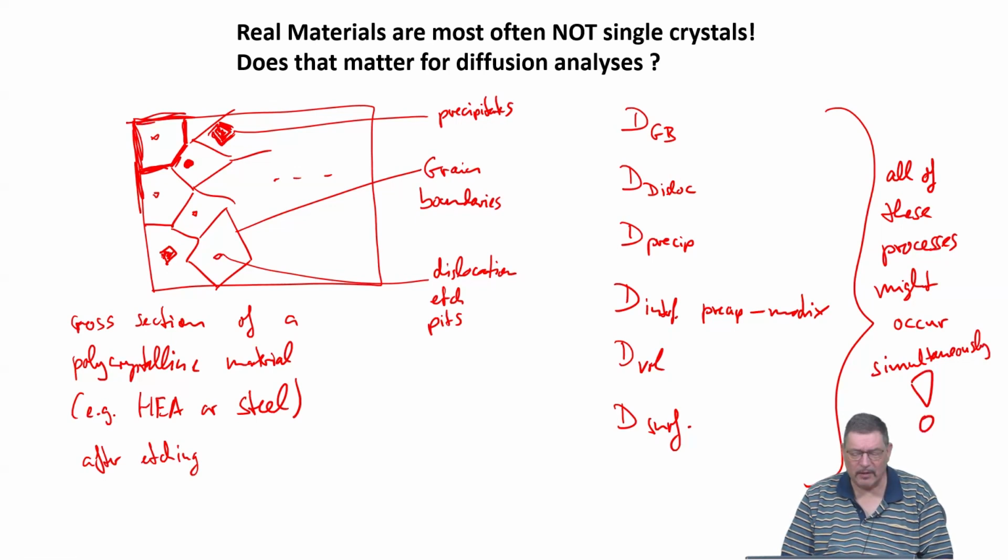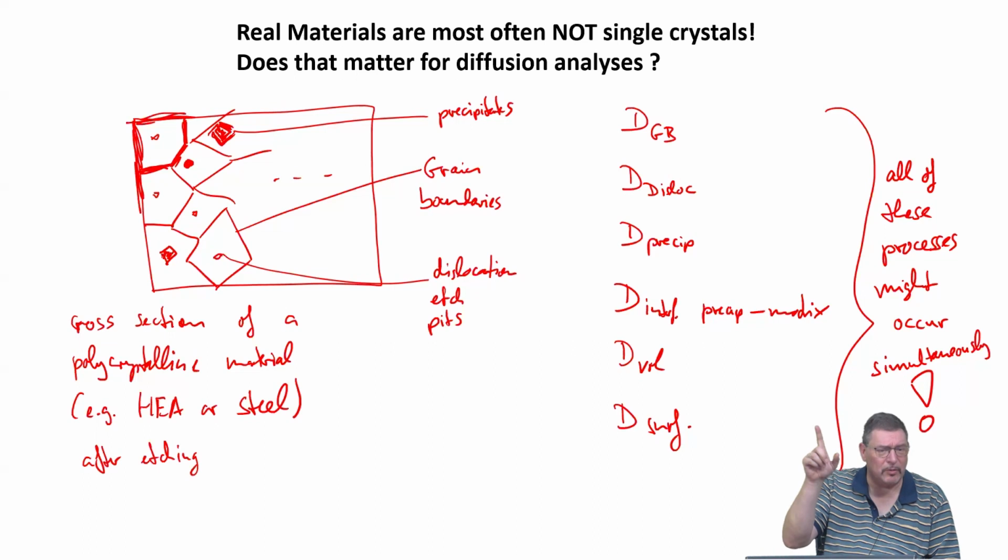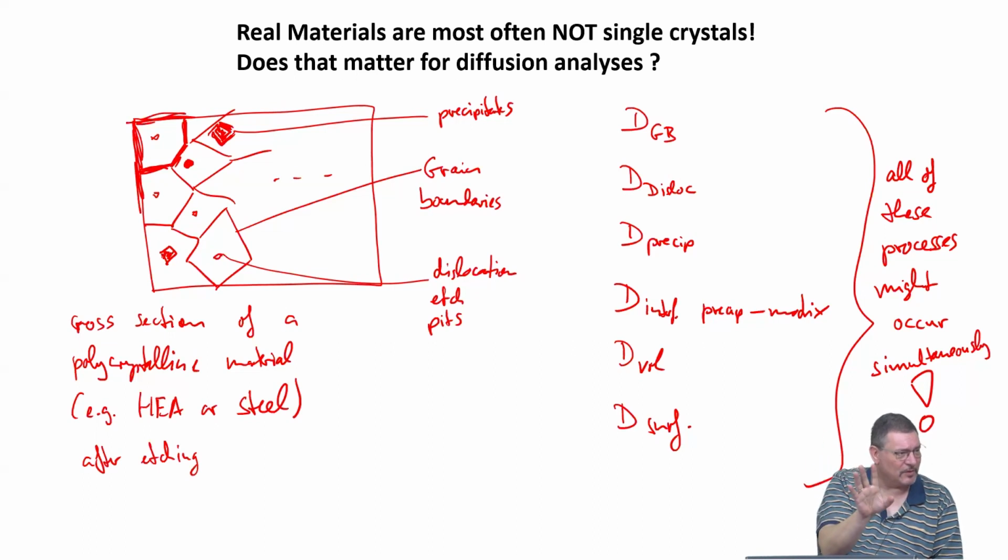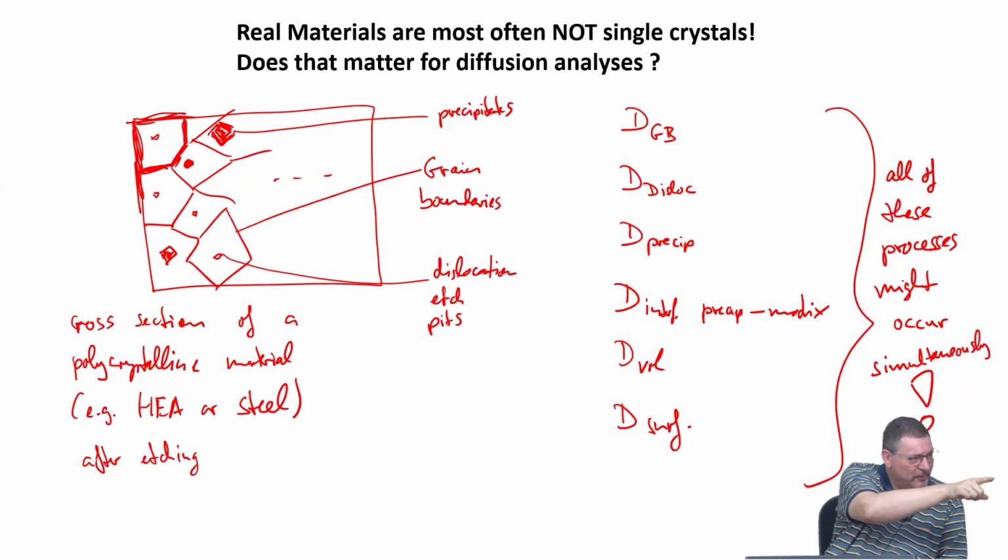Do you have an idea which of the processes is slowest and which is fastest? Grain boundary, grain boundary. Who is for grain boundary is the fastest? All of you? Or do you have a different opinion?